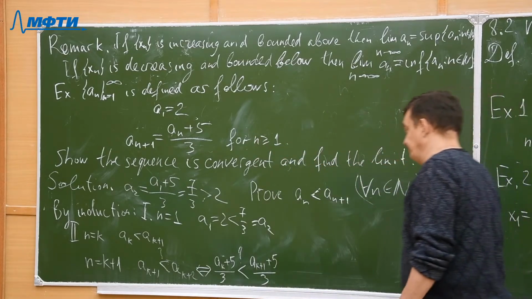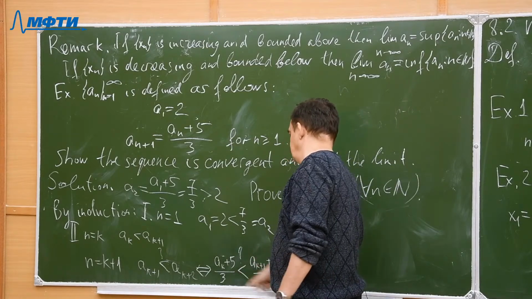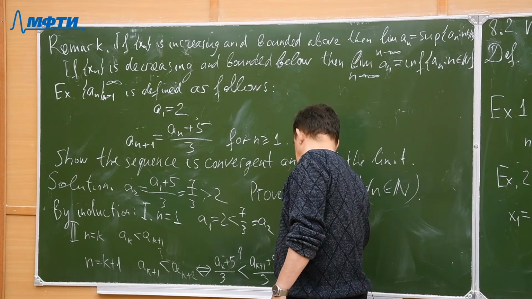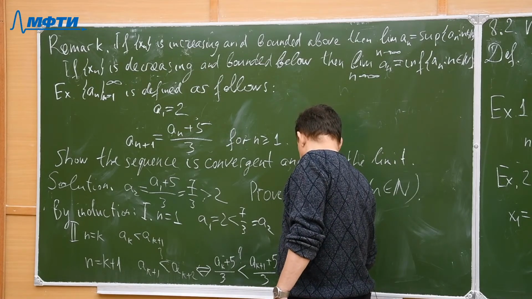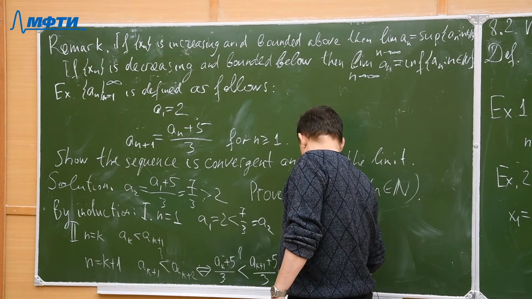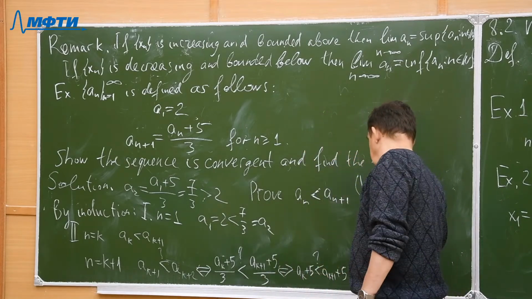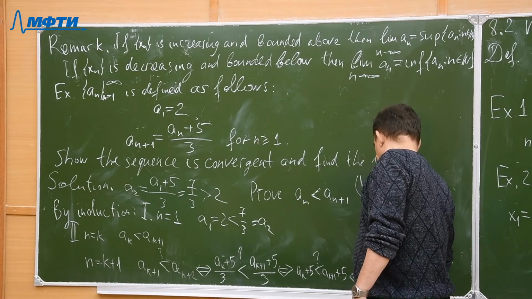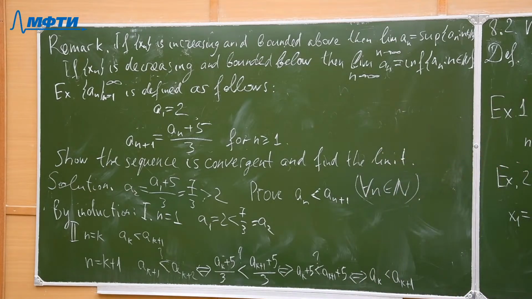That is again equivalent to, we may multiply both parts by 3, ak plus 5 less than ak plus 1 plus 5. And that is a valid inequality, true inequality, right?